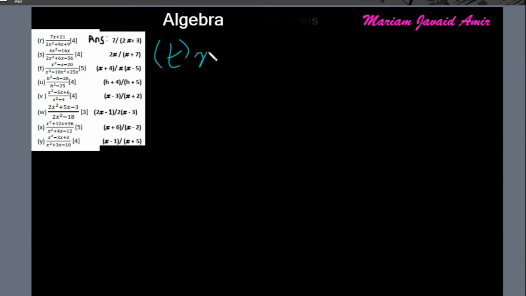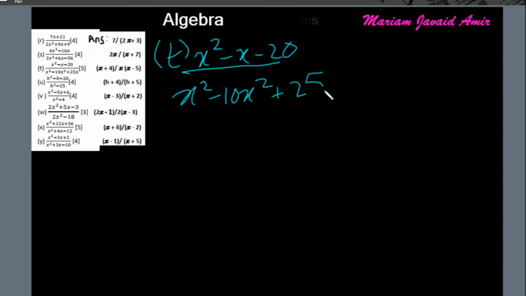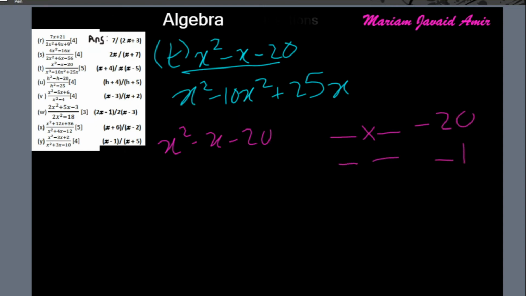Part T is x square minus x minus 20 over x cube minus 10x square plus 25x. So let's factorize the numerator first. We have x square minus x minus 20. We're looking for 2 numbers which when multiplied together should give us minus 20, and which when added together should give us minus 1.